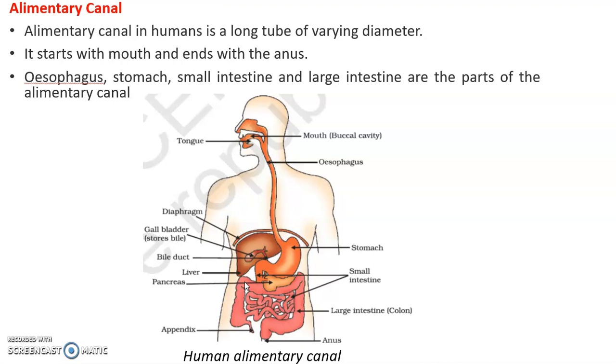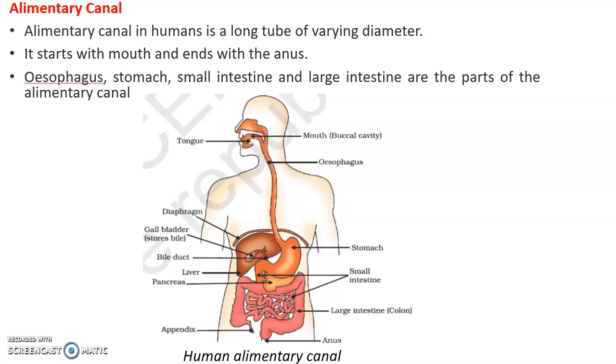The colon also has three regions: ascending colon, transverse colon and descending colon. The large intestine houses many useful bacteria required for digestion of food.